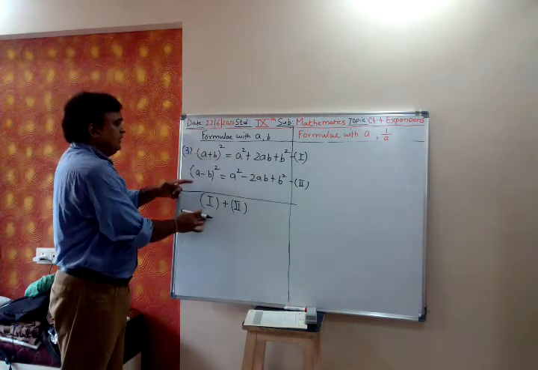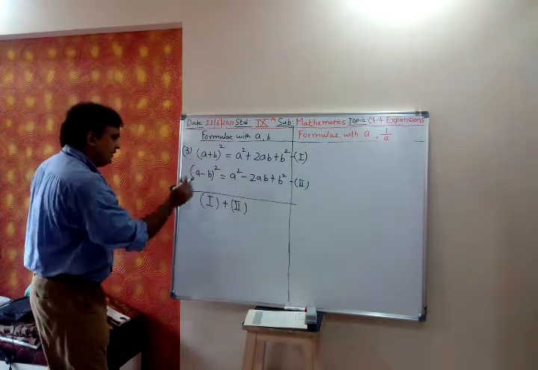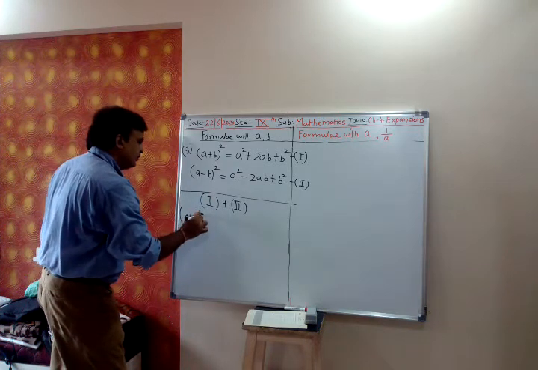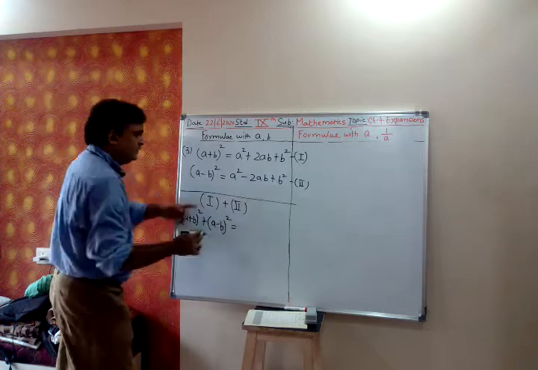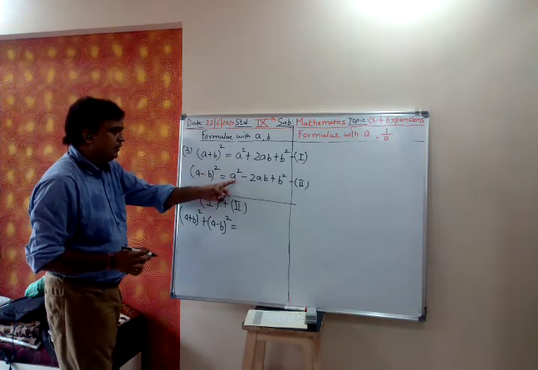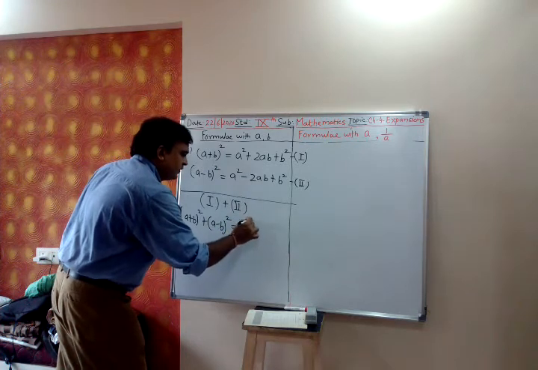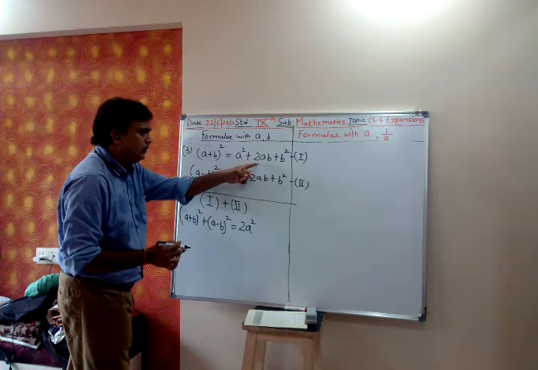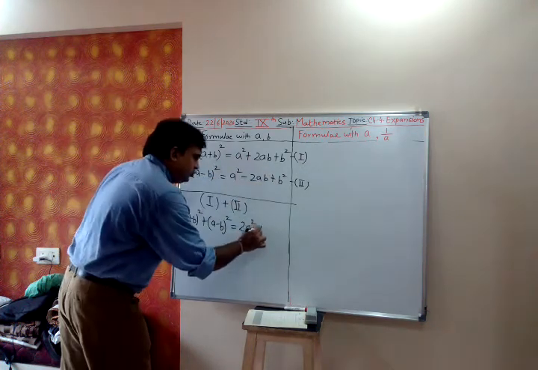Left hand side together you have to add and right hand side together you have to add. So this I can write, left hand side I will add a plus b whole square plus a minus b whole square. Yes, a square plus a square, 2a square. Then plus 2ab minus 2ab get cancelled. Plus b square plus b square is 2b square.